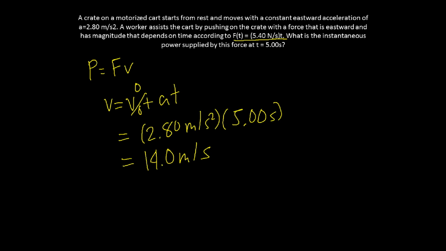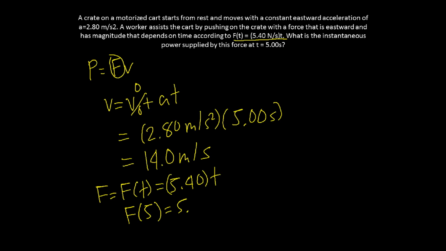Now we are going to solve for the force F. F is equal to this function, 5.40 t. The time here is 5, as given in the problem, so we multiply 5.40 times 5, which is equal to 27 newtons.